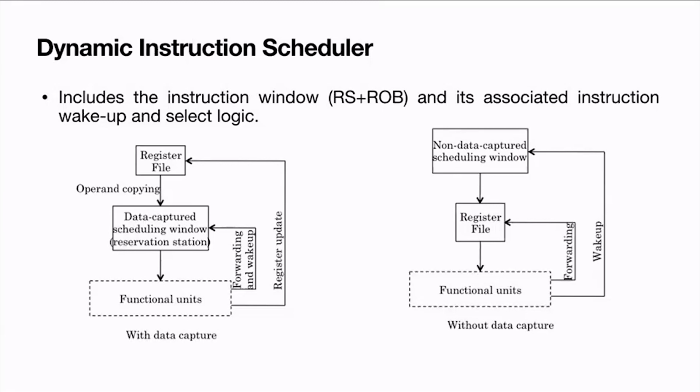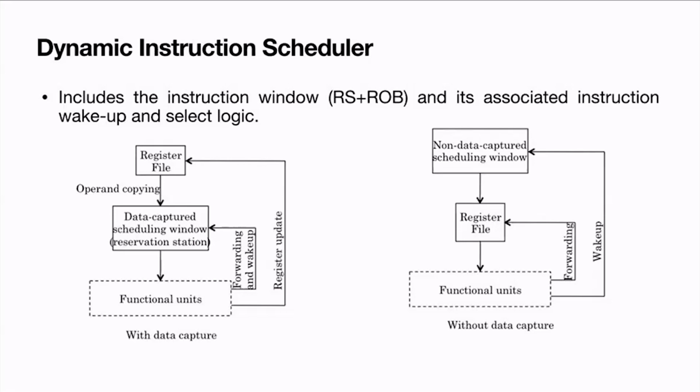So the trade-offs with the data capture design are these. Each reservation station entry is bulky, because in each entry you have to store the operand, which may be a 64-bit value or whatever. Then you need a wider entry in the data capture based reservation station. But without data capture, you don't need this 64-bit field for each of the operands.